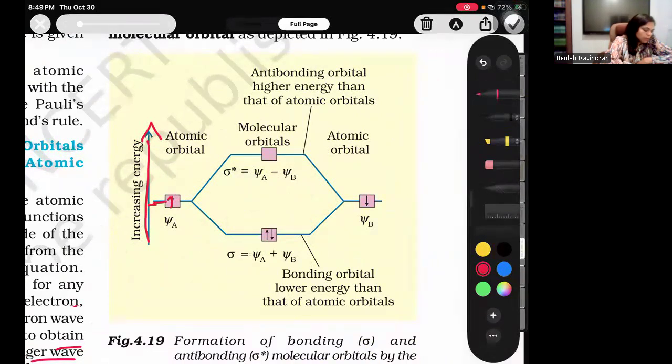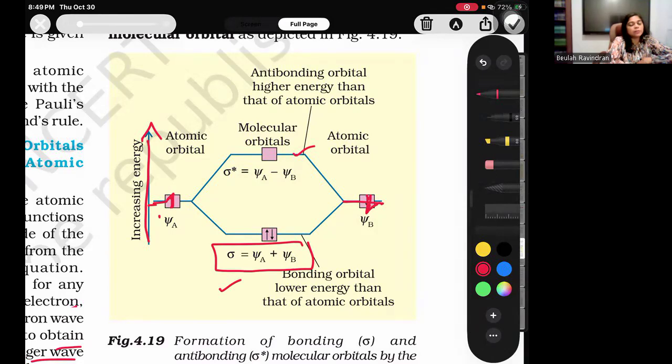One electron has up spin, another has low spin. These two are now combined, and it may form either the bonding orbital or the anti-bonding orbital.